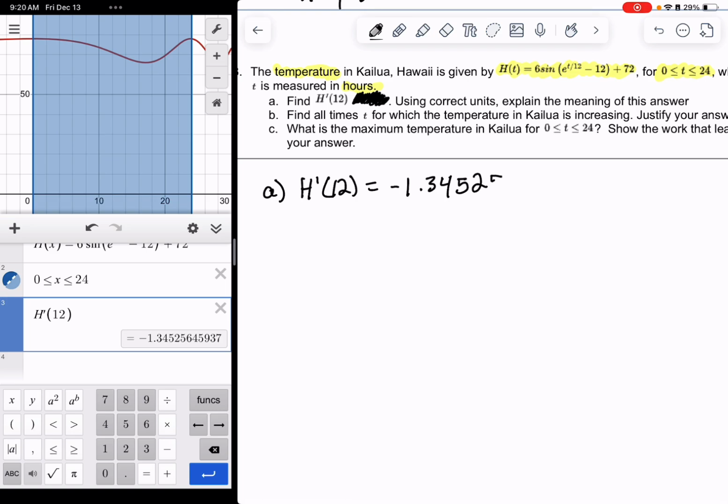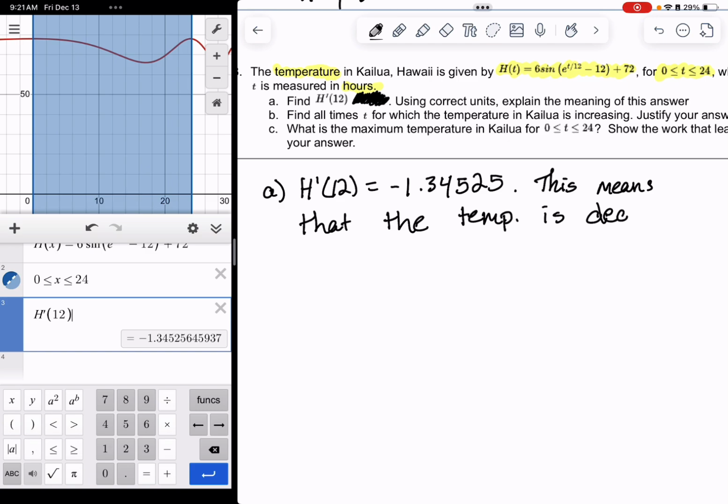But I prefer just to truncate. But that's good enough there. So we have that number. And in that number, we need to unpack some of the meaning. So this means that the temperature is decreasing.